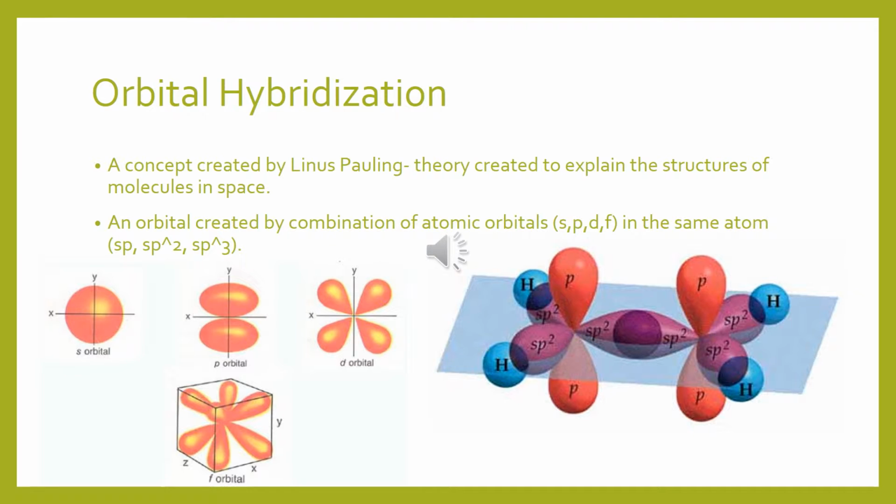We have here 4 orbitals. An s orbital can carry 2 electrons, p can carry 6, d can carry 10 electrons, and f can carry 14 electrons. S has one orbital with 1 pair of electrons, p has 3 pairs, d has 5 pairs, and f has 7 pairs.